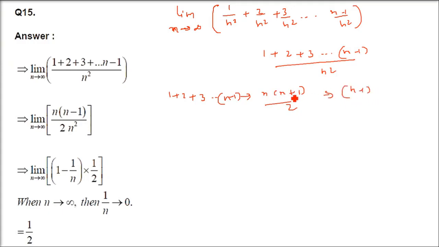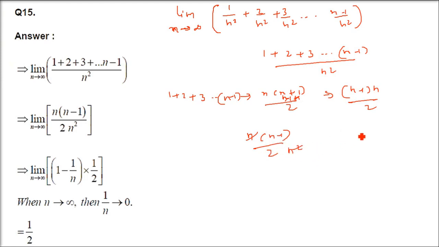So it will be (n minus 1) times (n plus 1 minus 1) by 2. This gets cancelled, you have n. So (n minus 1) times n by 2 is the answer. Then you have n square in the denominator, so you cancel this n, and I'm just taking half outside.